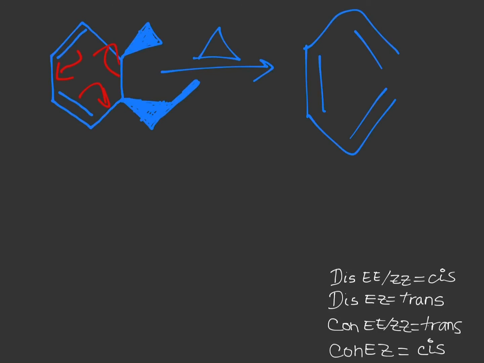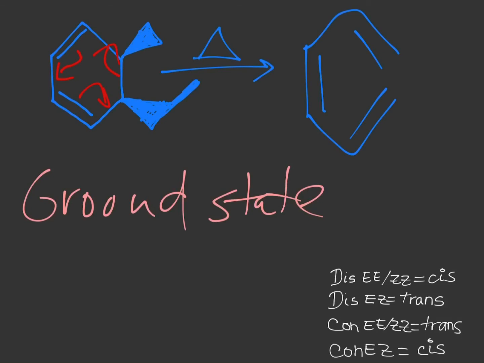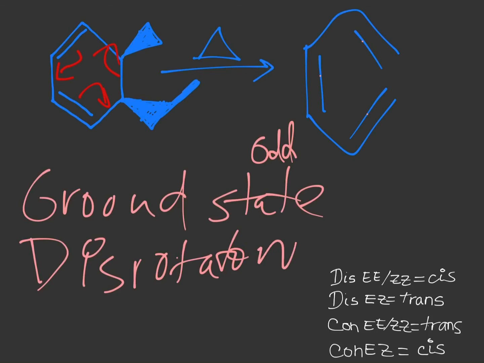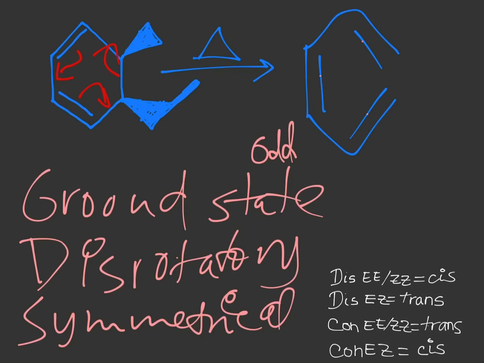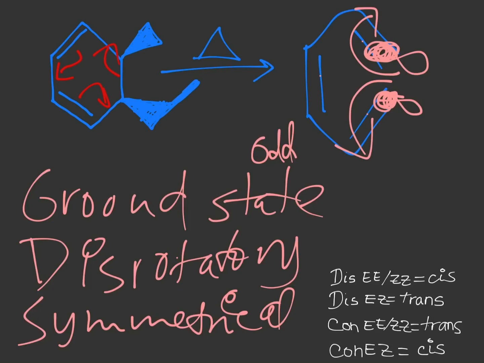First, we see that it is a thermal reaction, and we know that it is in the ground state because of that. We know that we have an odd number of pi bonds, and because it is in the ground state, it is symmetrical. Because it is symmetrical, it will move in a disrotatory manner.